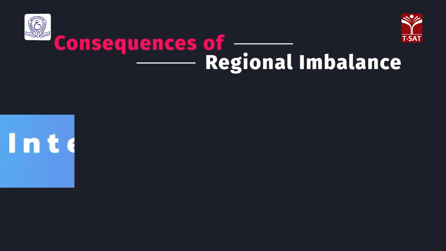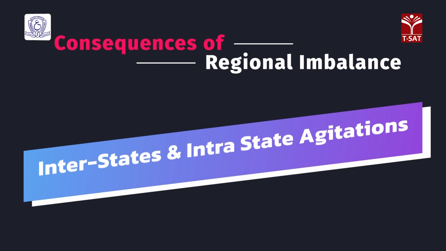Now, let us study the consequences of regional imbalance. The interstate and intrastate agitations. Uneven regional development or regional imbalances lead to several agitations within a state or between the states.